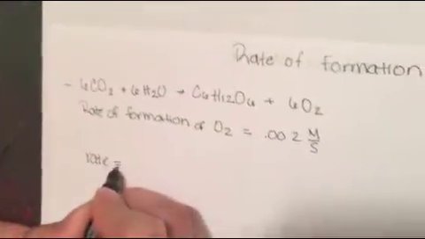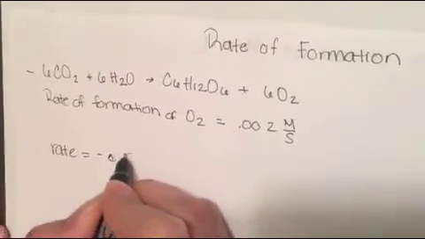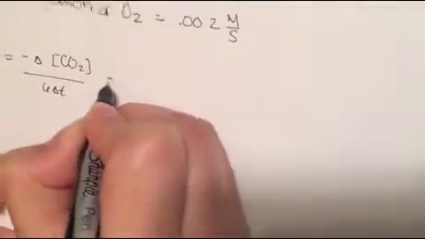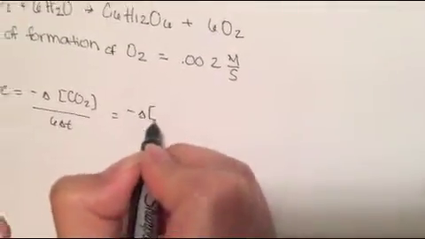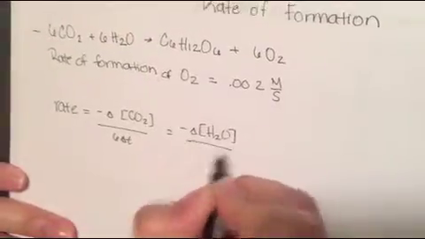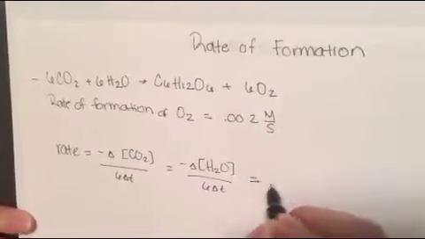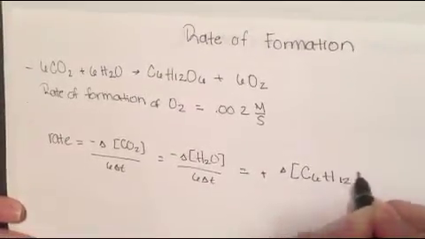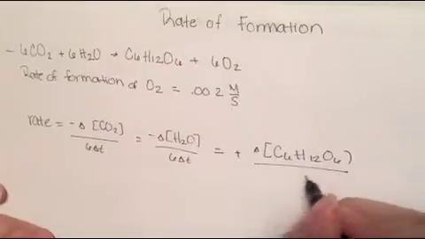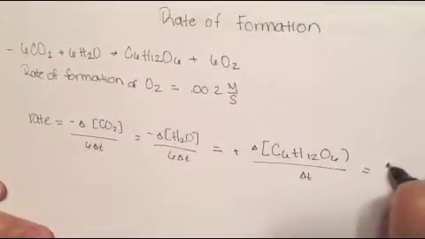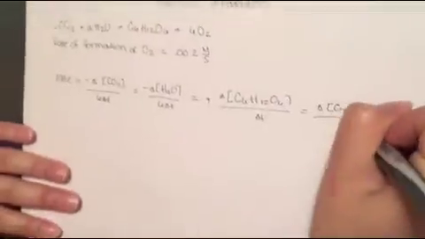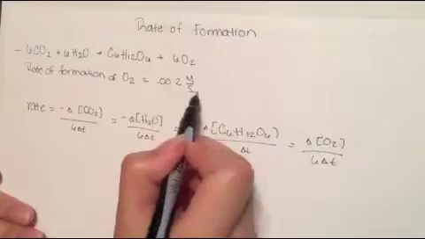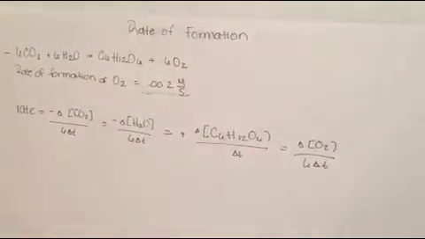So we have rate is equal to negative delta CO2 over 6 delta T is equal to negative delta H2O over 6 delta T is equal to positive delta C6H12O6 over delta T is equal to delta O2 over 6 delta T. So they're telling you that the rate of formation of O2 is 0.002.